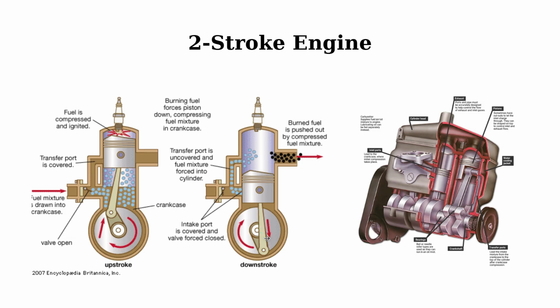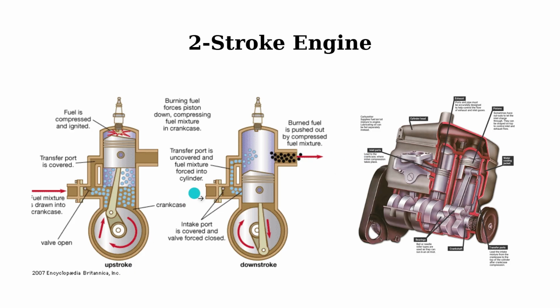As the piston moves down, it also helps push the fresh mixture from the crankcase into the cylinder. At the same time, exhaust gases leave the cylinder. So in a two-stroke engine, multiple processes happen at the same time. This makes the engine simpler and faster.